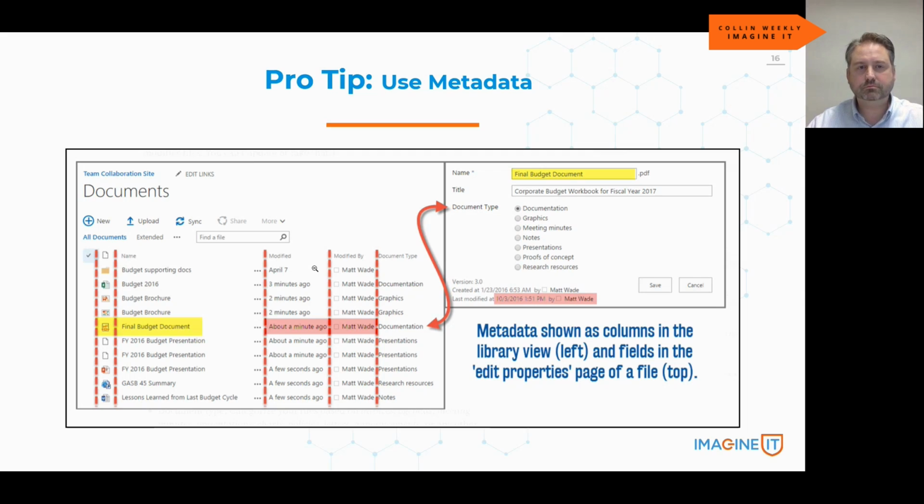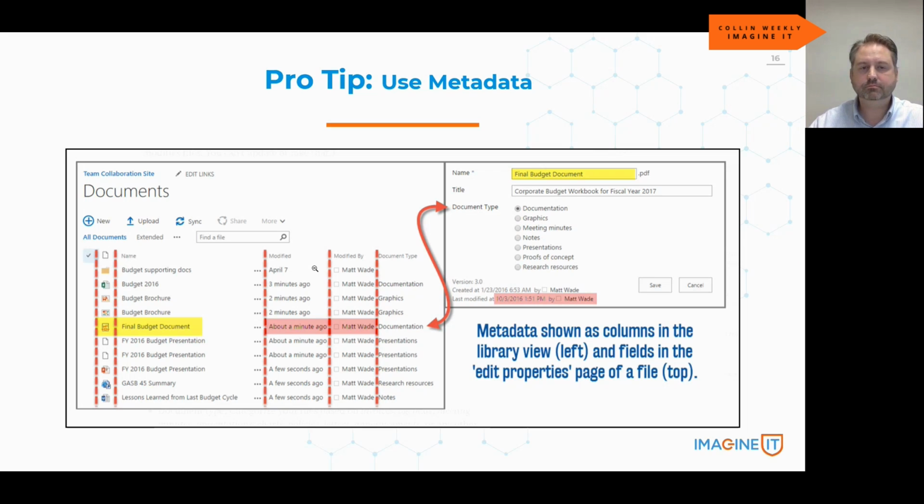But it can be expanded, and in tools like SharePoint you can add additional columns about your files. So not just the file name, but also when it was modified and who modified it, but you can also start adding another column, like what type of document is it?